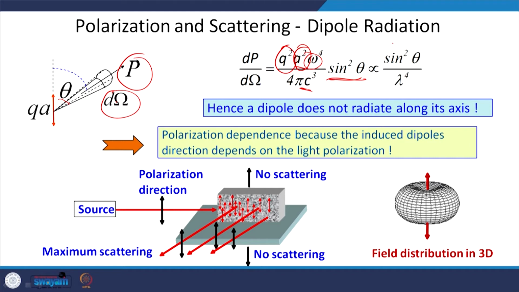So, basically it is proportional to sin squared theta upon lambda to the power 4. What does it mean? It means that if theta is equal to 0, then dP by d omega is equal to 0.